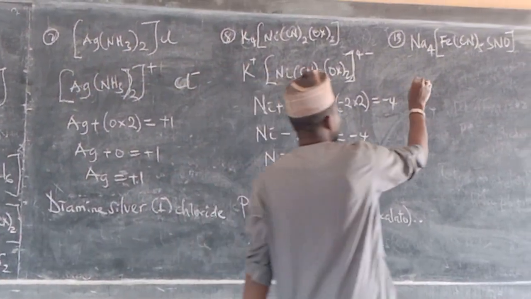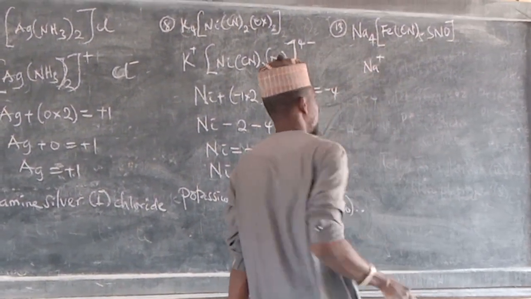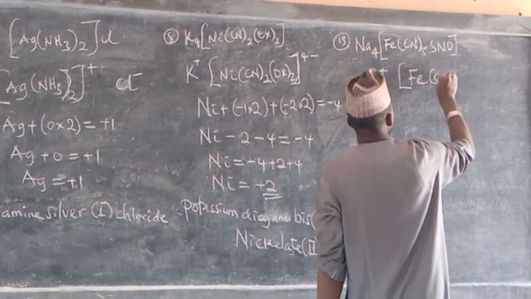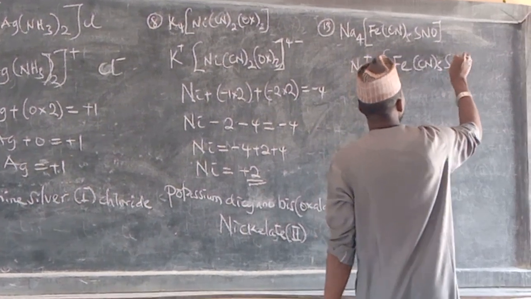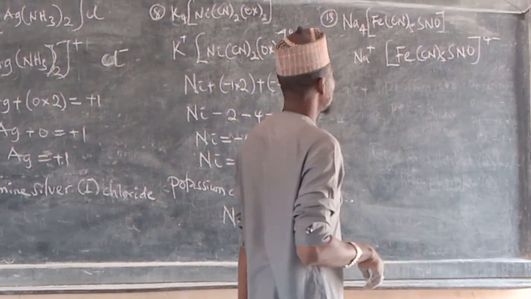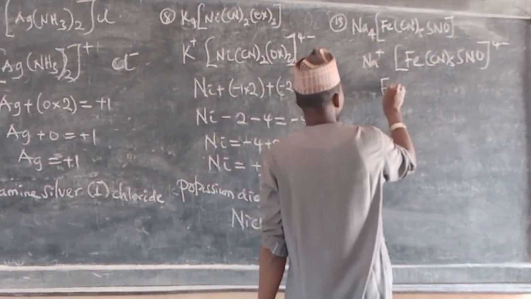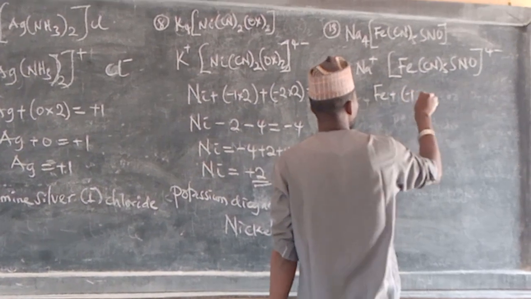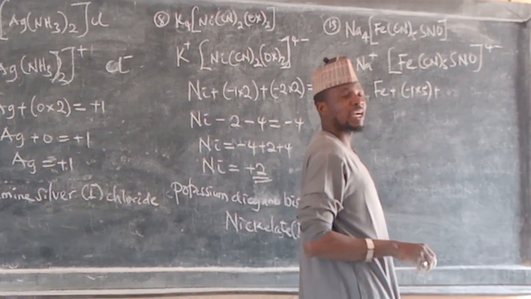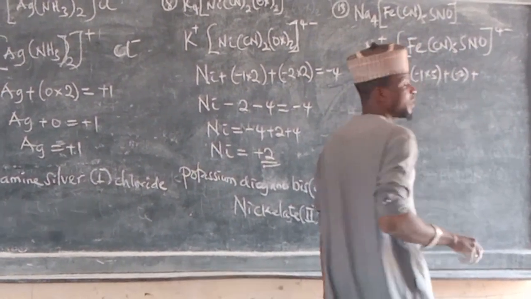Then for this number 13, we have sodium to the plus. And how many sodium do you have there? 4. So this is going to be Na4[Fe(CN)5(NO)S]. Then 4 minus. Are we together? So we need to calculate the oxidation state of iron. This iron plus cyano is minus 1 times 5, plus this is sulfur, so it's minus 2, plus NO is a neutral compound.